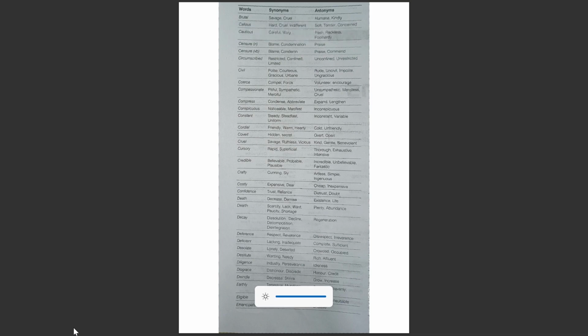That is what the meaning of deference, and that is what becomes the synonym of it. The antonym is disrespect, lack of respect, lack of reverence, irreverence is the antonym of deference.